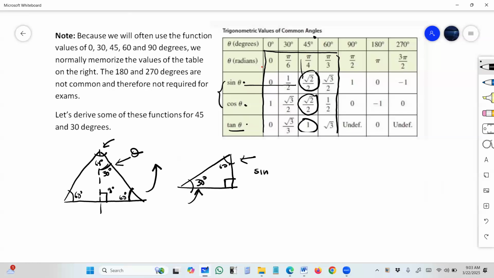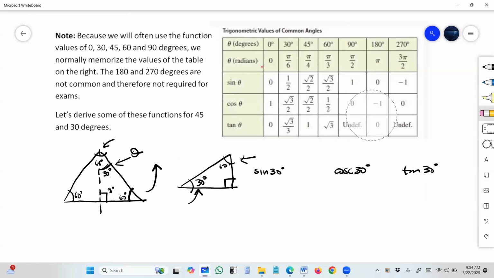So sine of 30, cosine of 30, and tangent of 30 degrees. These values we have to know, the 30, 60, and 45. The 0 and 90, you can do on the calculator or from the unit circle.